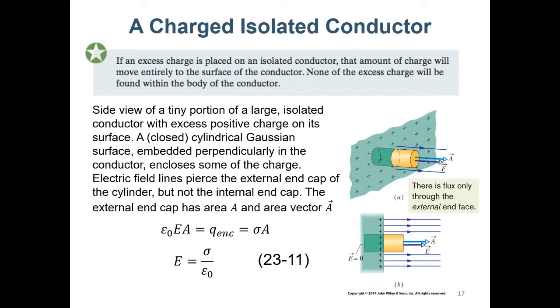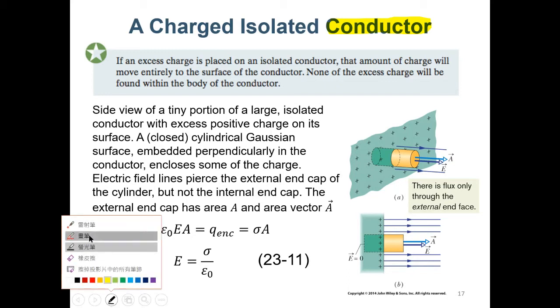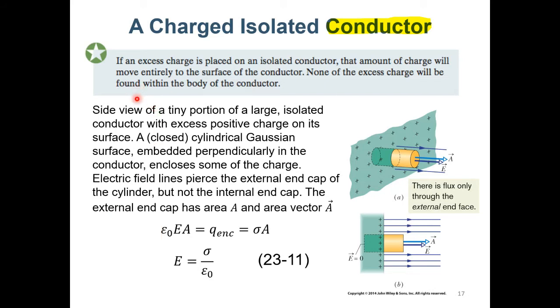Conductor and insulator are different. And for this case, here shows a side view of a tiny portion of a very large, actually infinitely large, isolated conductor with excess positive charge on its surface.